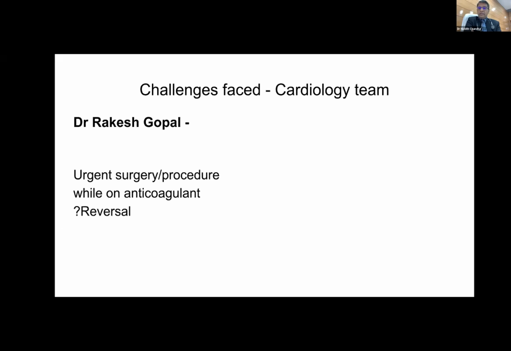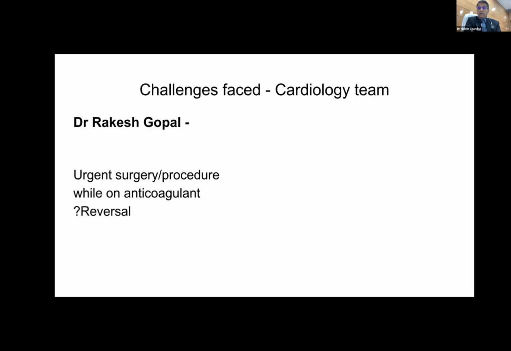The reversal agent is available with the name of Praxbind. It's available in 2.5 gram vials. 2 vials have to be given, a total of 5 grams intravenous bolus. The reversal agent for rivaroxaban and the factor 10 inhibitor apixaban is on the cards. It is going to be available with the name of andexanet alfa. So that will also be available in India very soon.